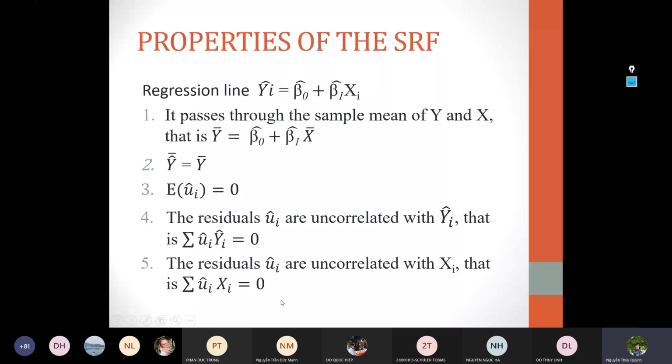So the correlation coefficient between ui hat and yi hat, and between ui hat and x, are all equal to 0. That is some properties of the sample regression model. You just have to know that. Maybe we will not use them later. It's not very useful for our analysis.